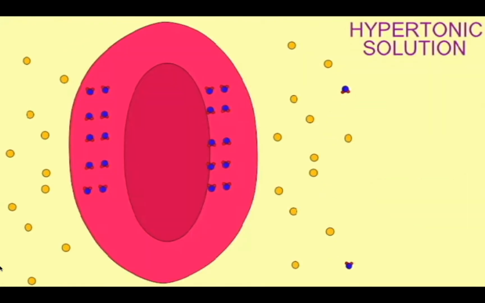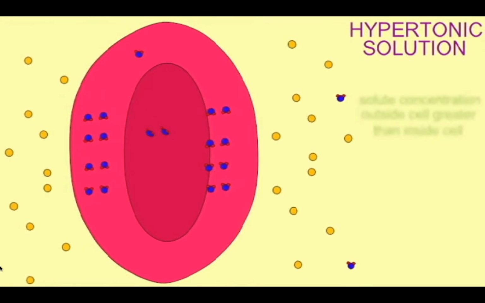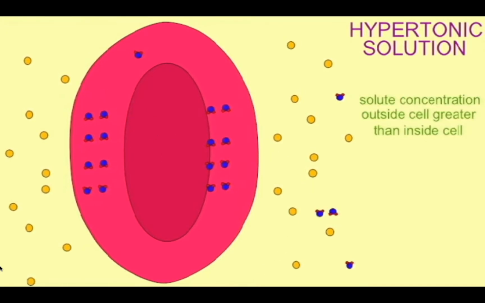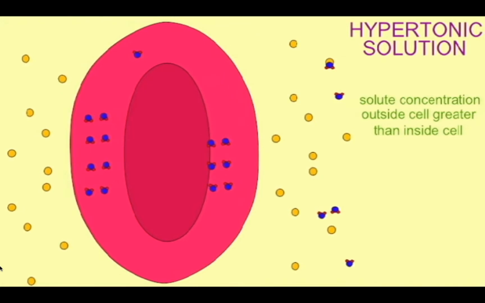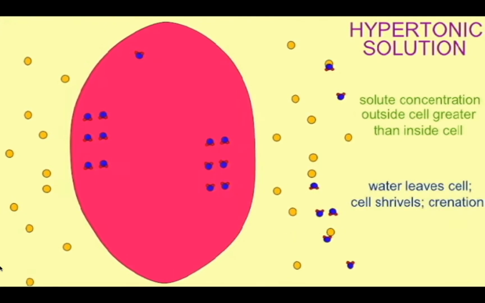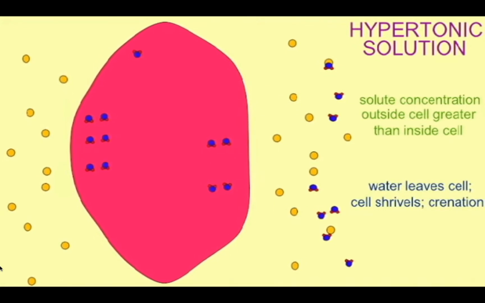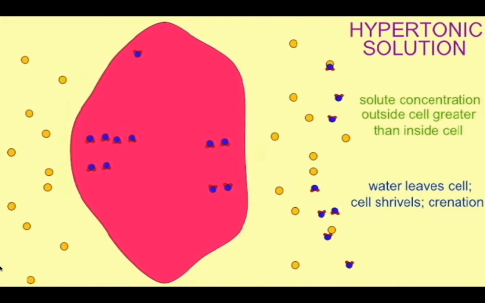When the solution around a cell is hypertonic compared to the cell, hyper means too much, and a hypertonic solution has a higher concentration of solute than one finds inside the cell. Since water will have a net rate of diffusion towards where the solute is most concentrated, and since the solute is most concentrated outside of the cell, water will tend to leave the cell.